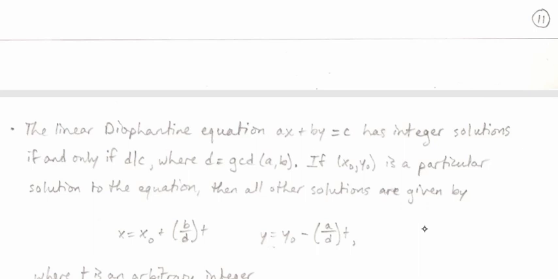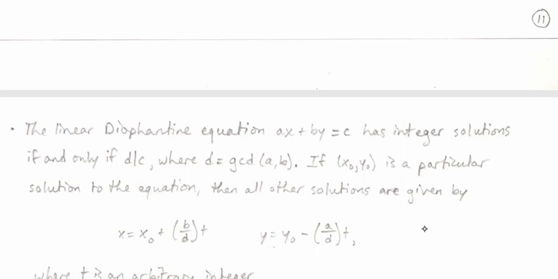So you take the GCD of a and b, and you figure out, does that GCD divide c? If it does, then your linear Diophantine equation does have integer solutions. If the GCD does not, then you would say the linear Diophantine equation does not have integer solutions, and then you would stop right there. Because for our purposes, we're only concerned about integer solutions for x and y.